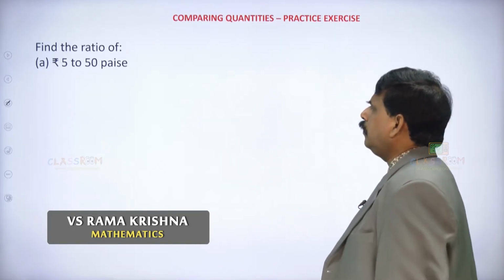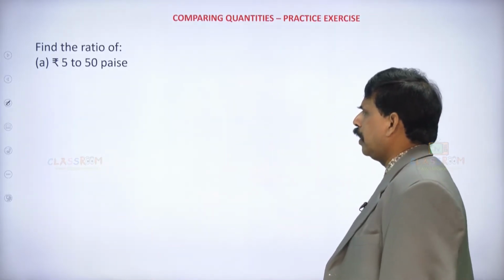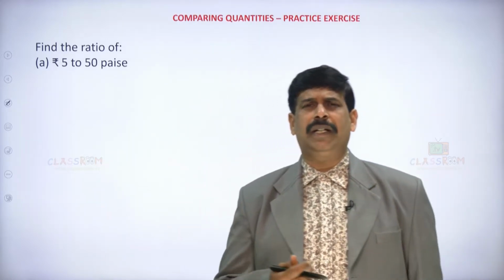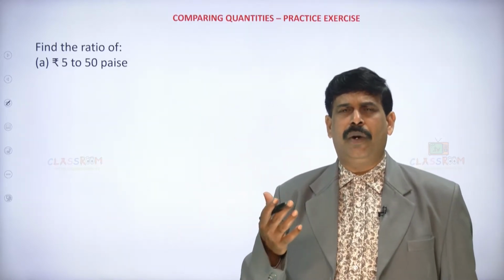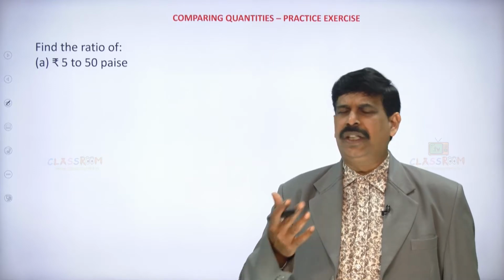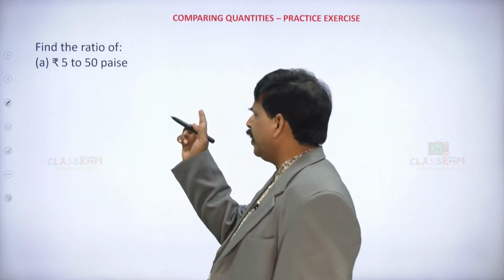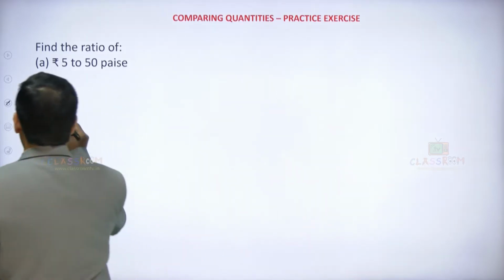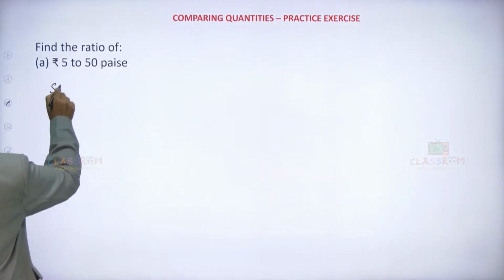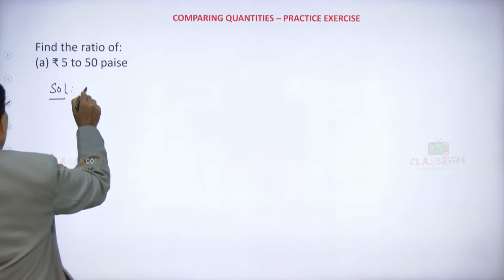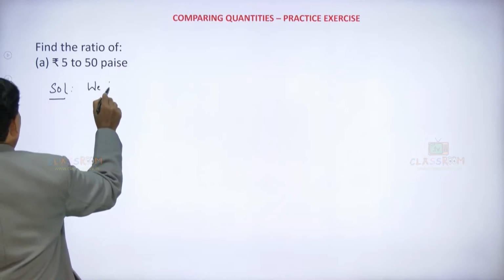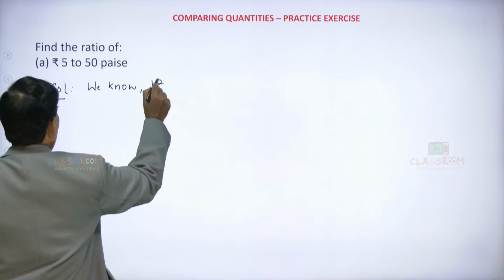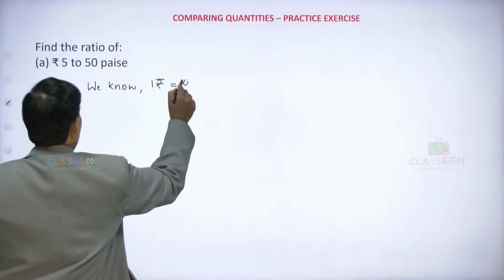Find the ratio of rupees 5 to 50 paise. So actually we know what the ratio is. Ratio is nothing but comparison of two similar quantities using division. So here one is in rupees and another one is paise, so better convert them. We know one rupee is equal to 100 paise.